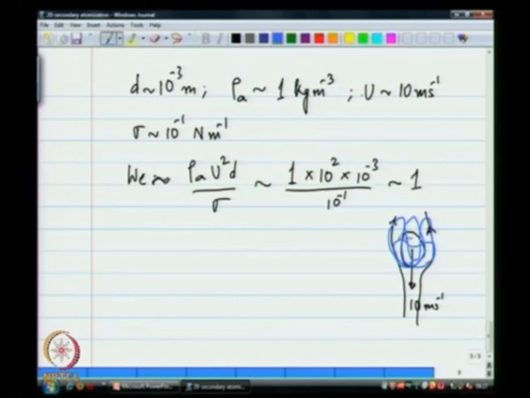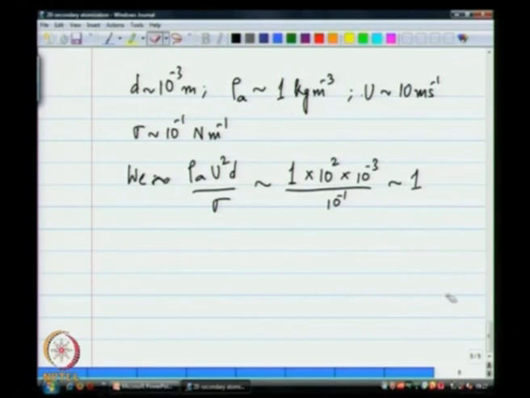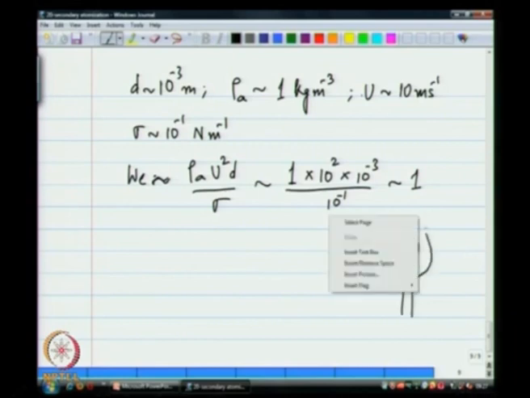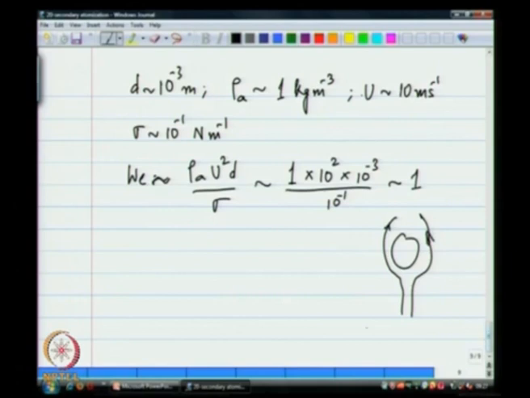So, let me draw those separately. If I take a sphere initially under some air flow, after some deformation, this may become something like a pancake.